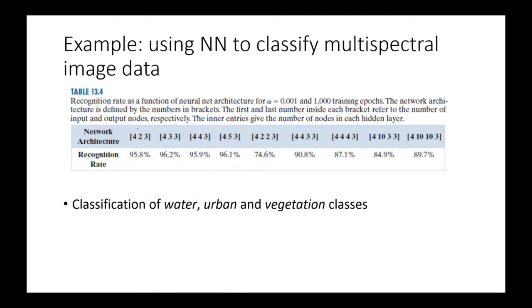So this is 1 layer with 2 neurons. This is one layer with 3 neurons. This is one layer with 4 neurons. So you see that the change from 2 neurons to 3 neurons wasn't great. So with one layer, I could keep adding neurons, but the recognition rate wouldn't get better.